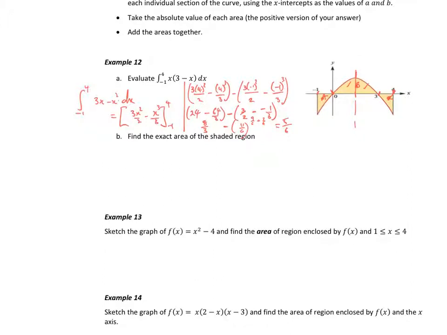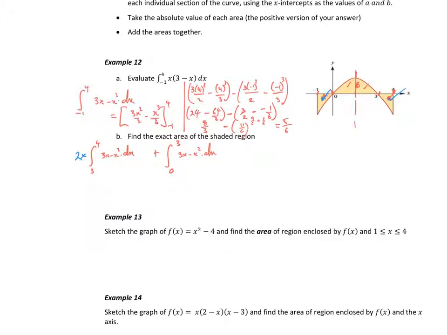So what I'm going to do here is work out the integral from 3 to 4 of 3x minus x squared dx, and I'm going to multiply it by 2, because that will give me that area and that area. In fact, I'll leave it as 2 for now. And then I'm going to have the integral between 0 and 3 of 3x minus x squared dx.